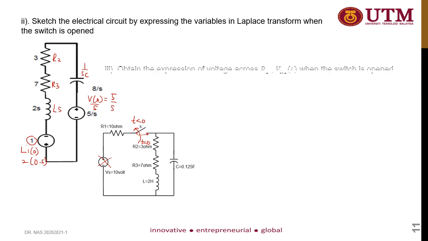Okay, next, obtain the expression of voltage across R1. So please make a correction. This is voltage across R2, VR2, when the switch is open. So at the later state, you need to determine what is VR2. So VR2 is across here.